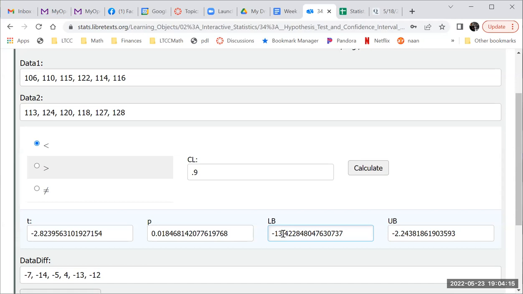So what we can say is that we're 95% confident that the population mean stock price is between $2.24 and $13.42 higher a week after the tweet than during the tweet day. Does that make sense? Okay, so at that point, what did I do?